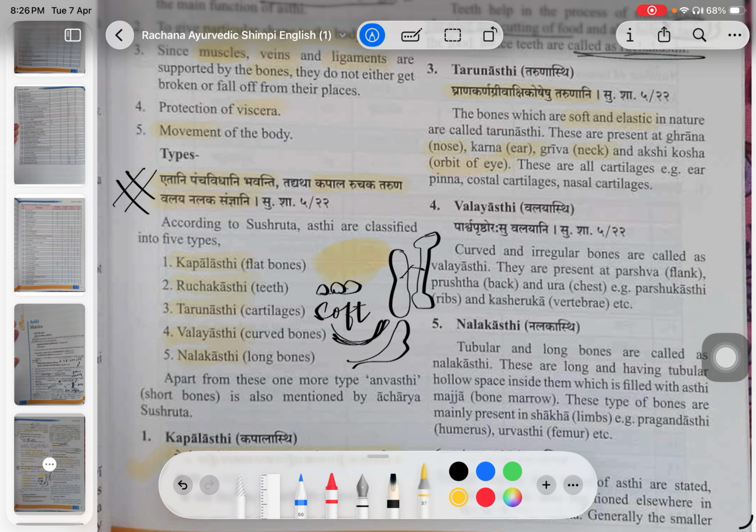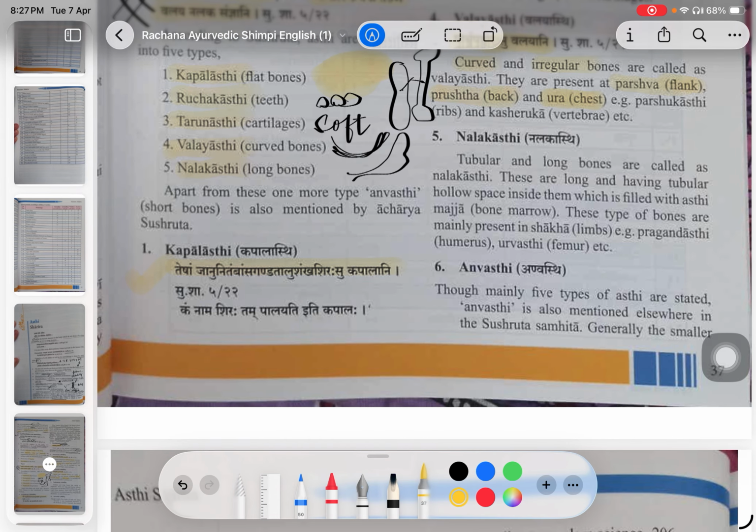Then Valasthi: Parshva Prishtha Urah Su Valayani, curved and irregular bones, right? They are known as Valasthi. They are present at Parshva, flanks, Prishtha, back, Ura, chest. So Parshvakasthi are the ribs and Kasheruk are the vertebrae. So all these are curved and irregular bones, right?